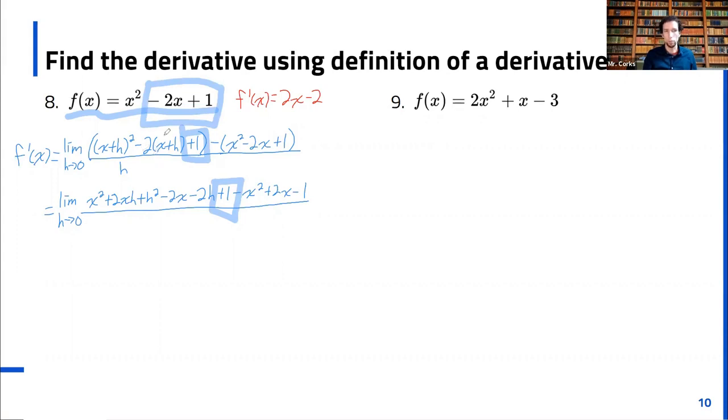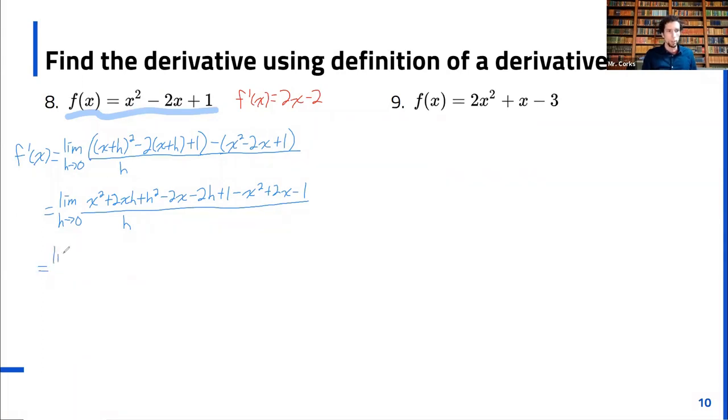So it's negative 2 times x plus h, and then afterward plus 1. The plus 1 is not inside those brackets, it's afterward. Okay. Thank you. Okay, so all of that's over h.